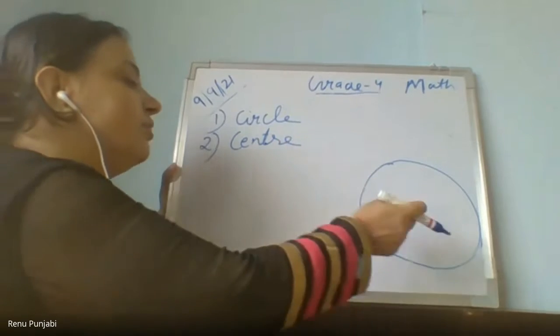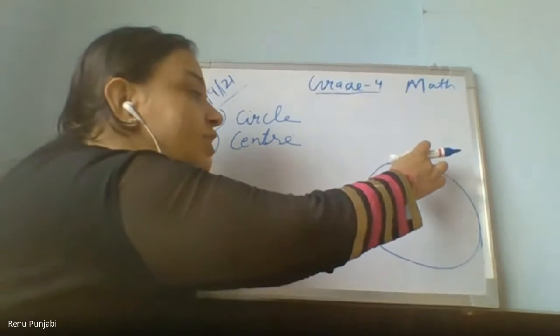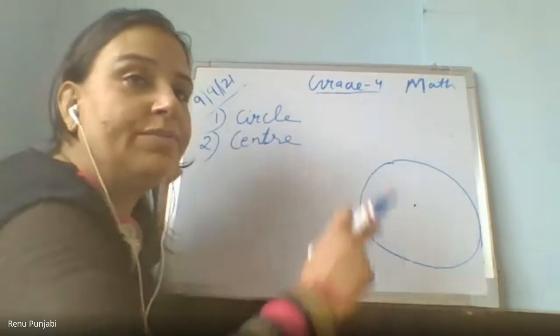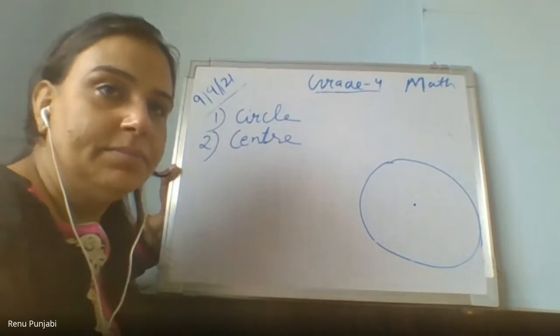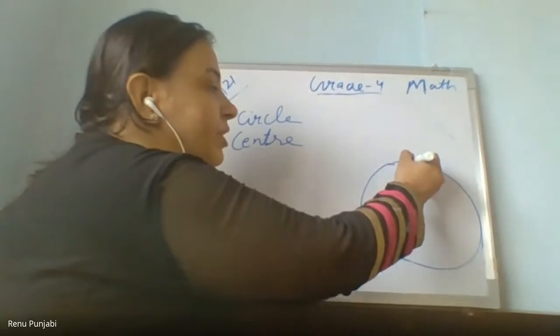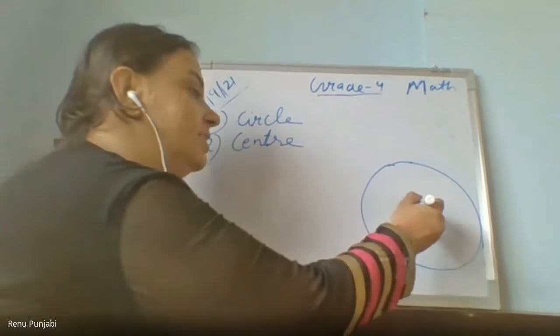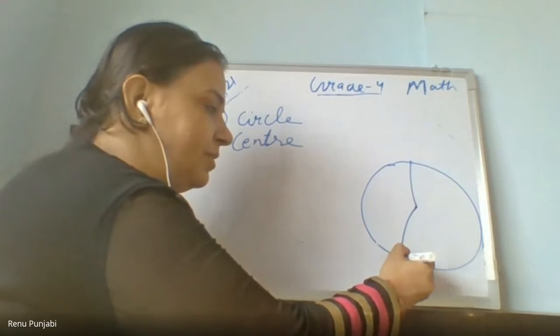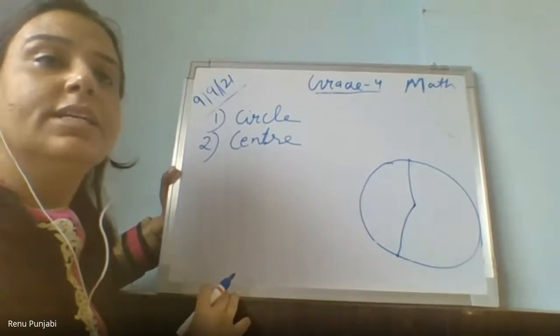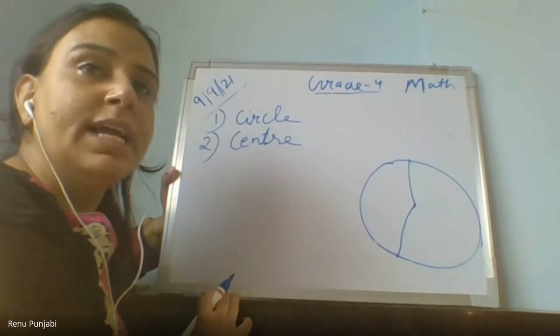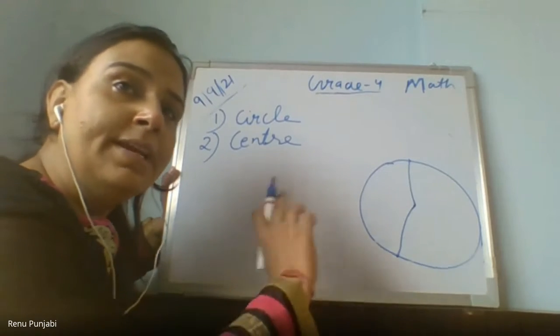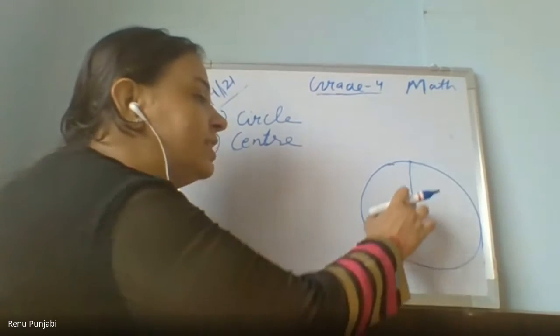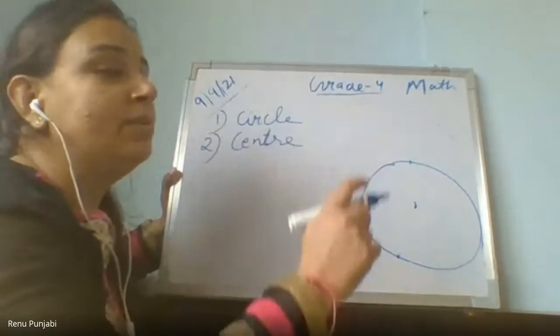From the center, the distance to any point on the boundary of the circle will be the same. Suppose I put a point here, the distance will be the same, and if I point here, the distance will also be the same. Then that will be the center.